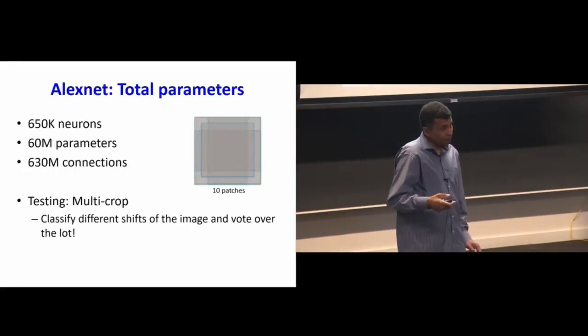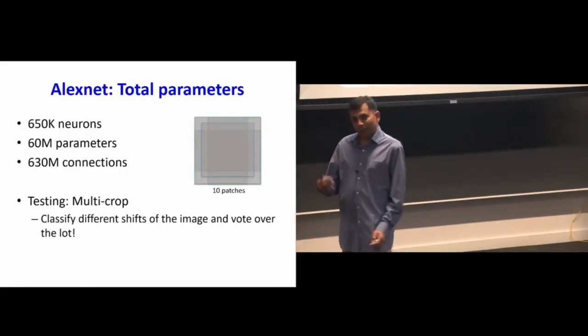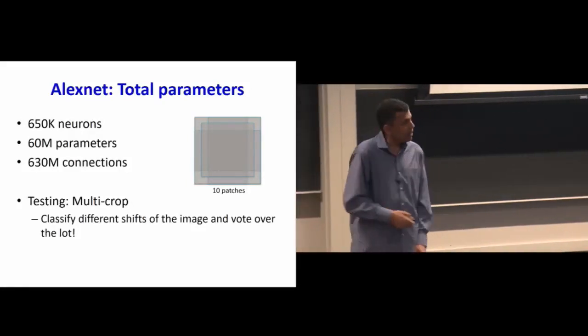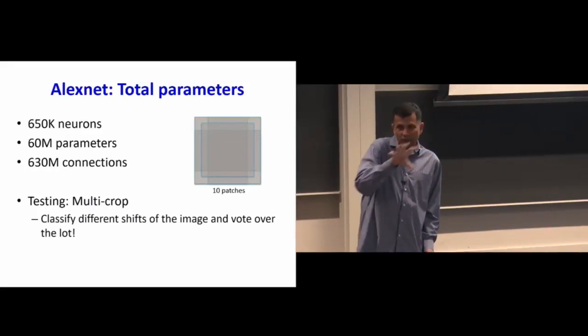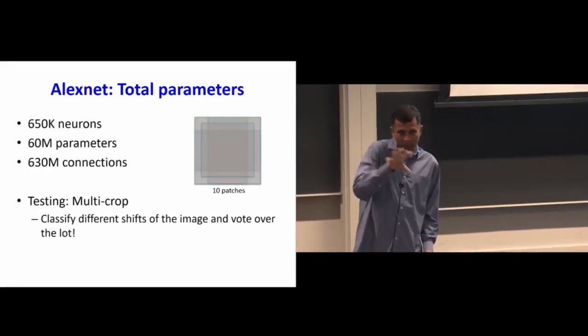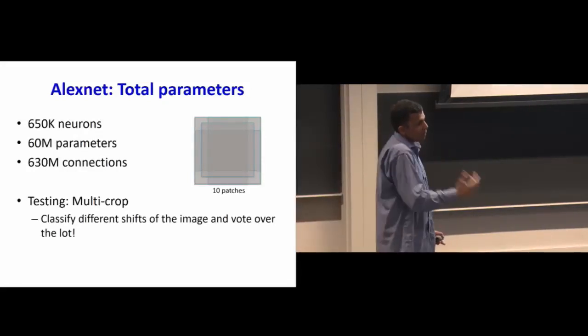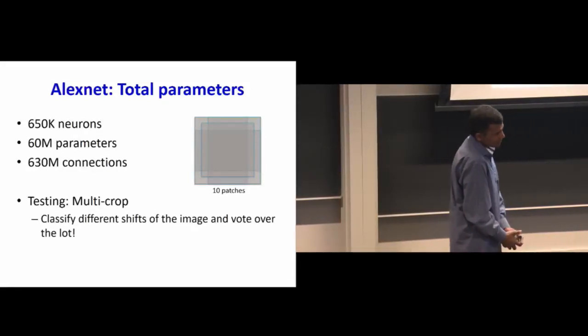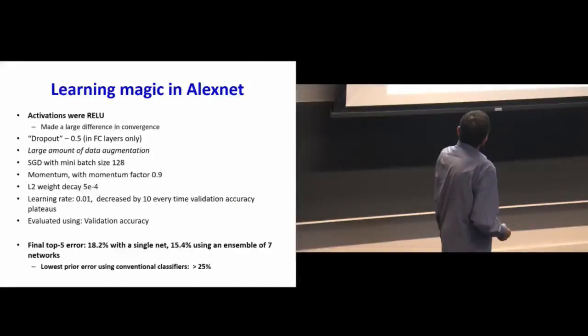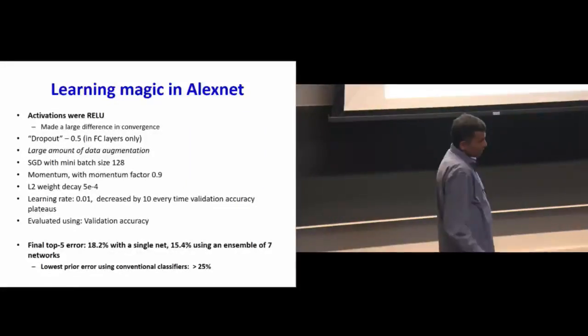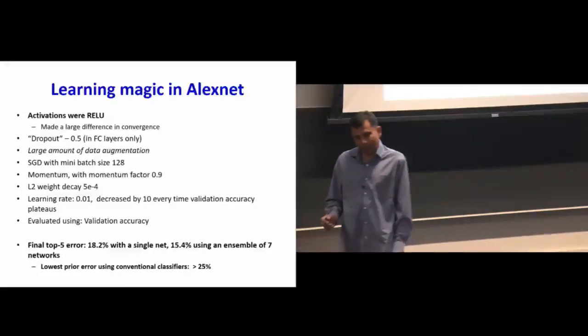And that wasn't all. Once they trained the network, when they performed classification, they wouldn't just give it the original image. They would shift the image around, basically crop different sections of the image, perform classification many, many times, and then vote over the lot. So they have some more details of the training in their paper, but here is the key piece.